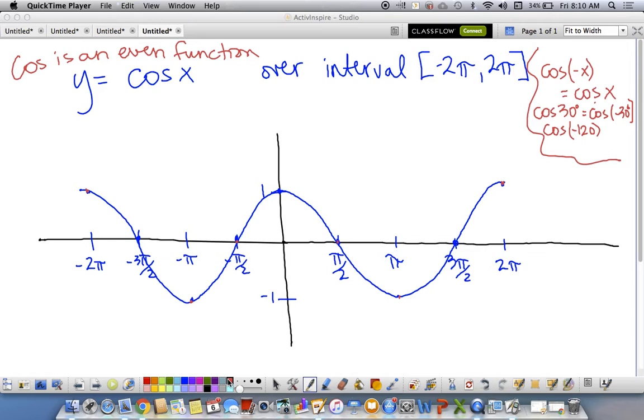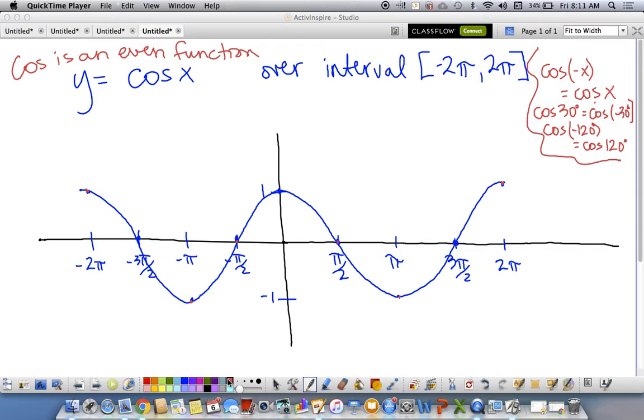Cosine negative 120. Now plug in cosine positive 120. Do they equal the same exact decimal? That is an even function.